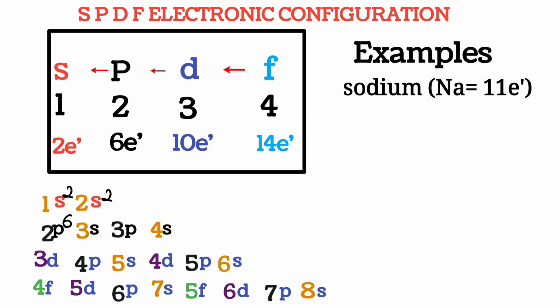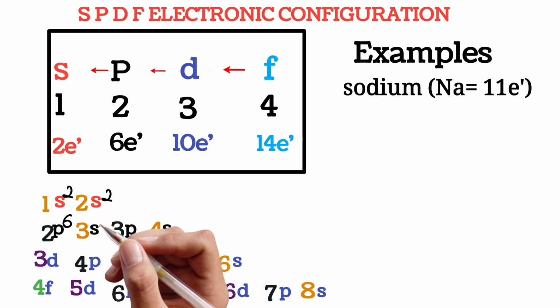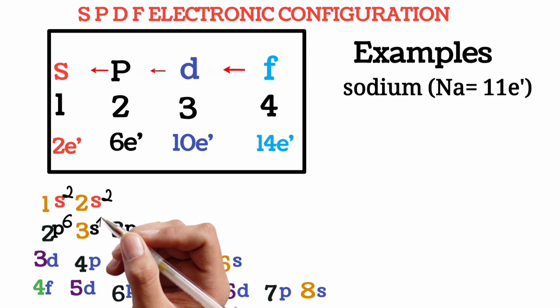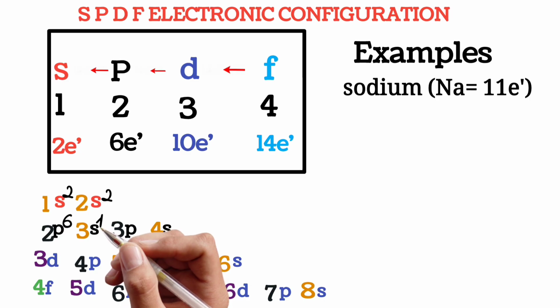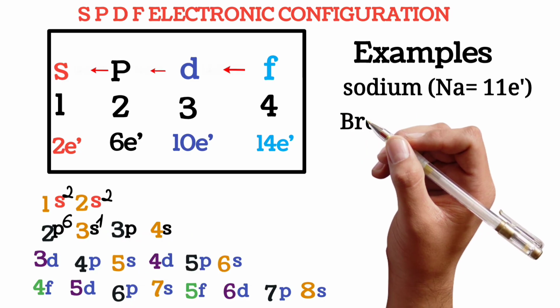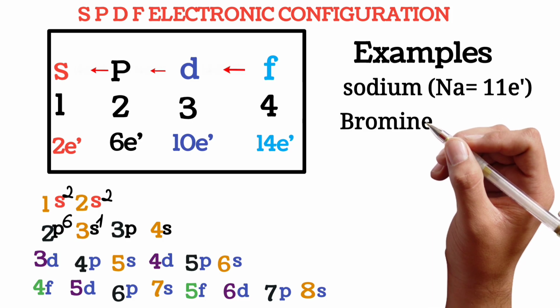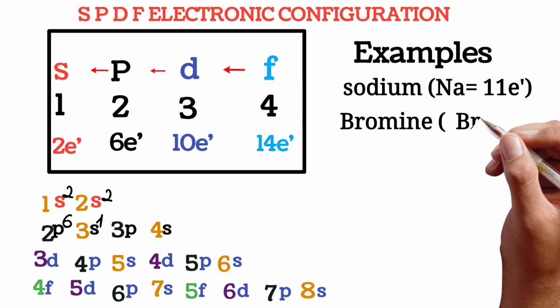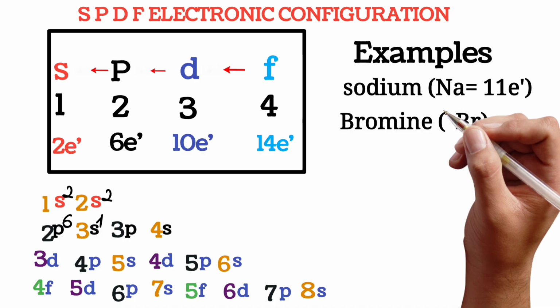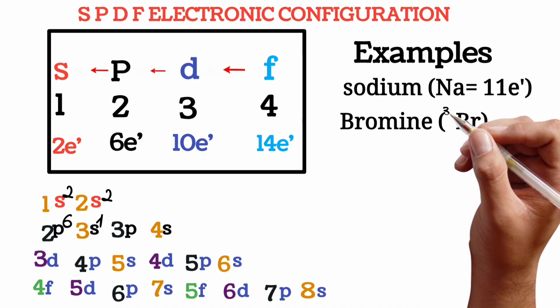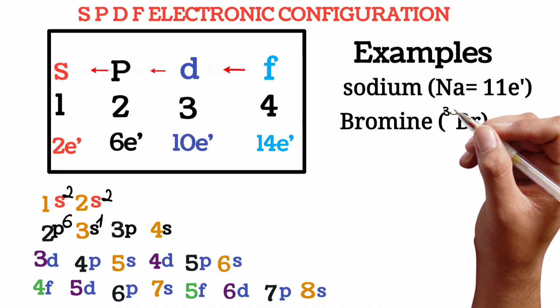We are going to give the 1 electron to the 3s, even though we know that the maximum number of electrons the s orbital can take is 2. But since we have just 11 electrons and just 1 is left, we give the 1 electron to the s. So the 3s will be 3s1. And since the last electron is found in the s orbital, what does that tell us about sodium? Sodium is an s block element.